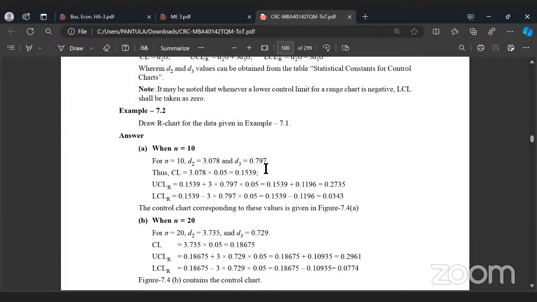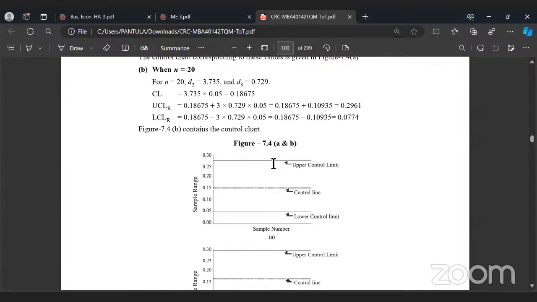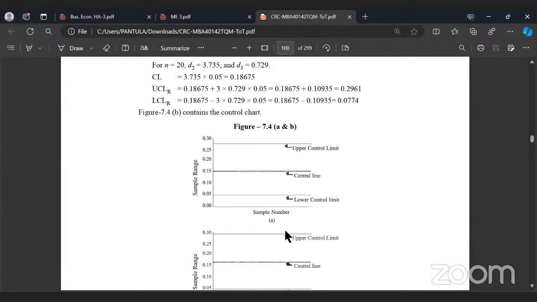So CL is equal to this 3.078 into 0.05. We are going to calculate the same thing, and the R chart will be there.